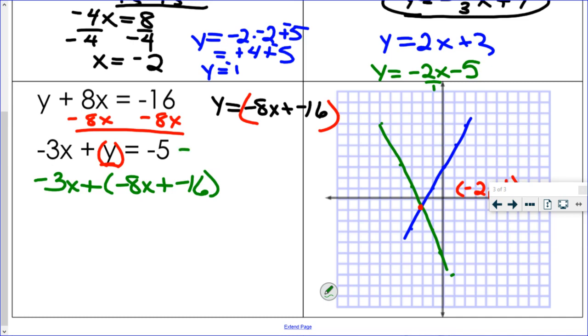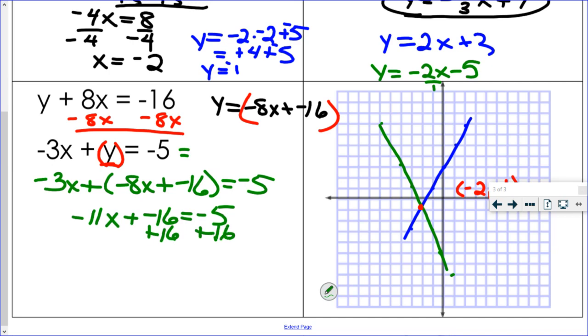And that still equals this, which is negative 5. And then I combine my like terms. I don't have anything to distribute. So that's a negative 11x plus a negative 16 equals negative 5. Adding 16 gives me negative 11x equals 11. So dividing by negative 11 gives me negative 1.